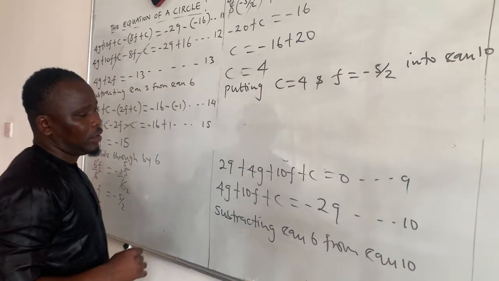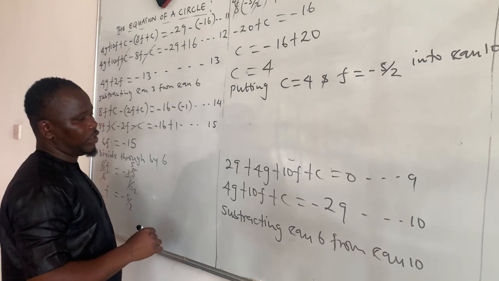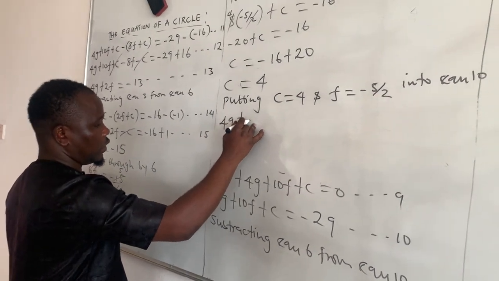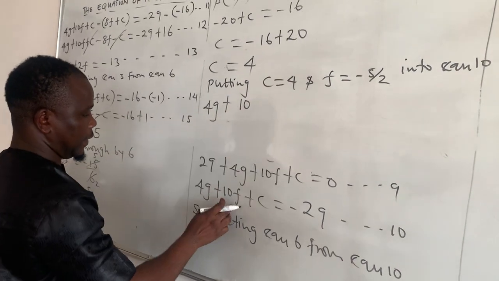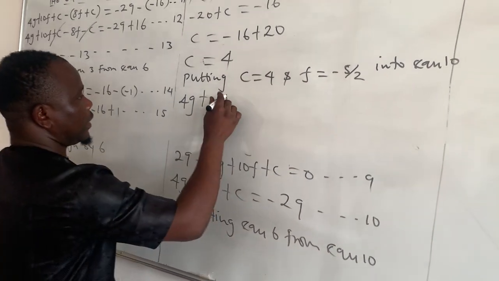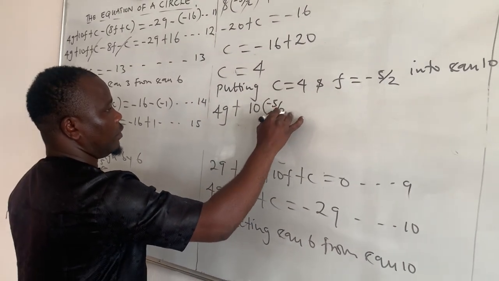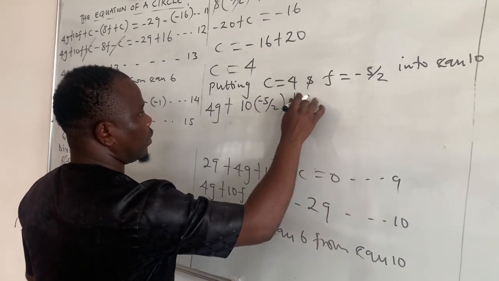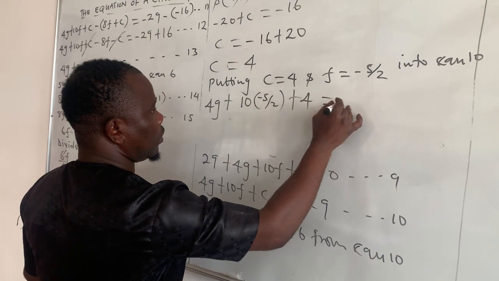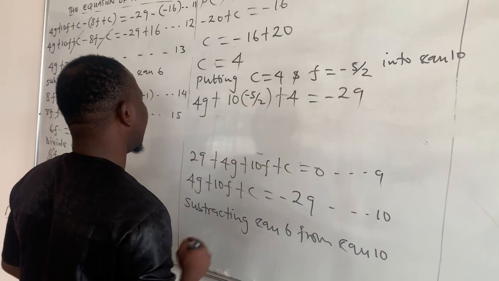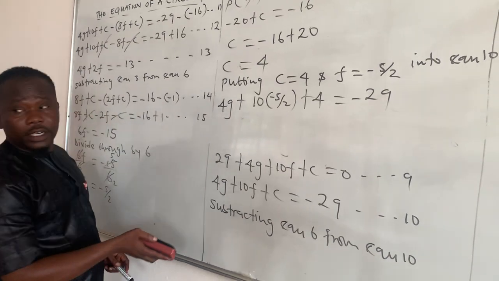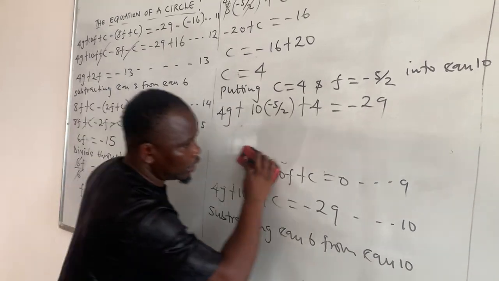So if you agree with me, we'll write 4g plus 10. Instead of f, we'll write minus 5 all over 2. Then instead of c, we write plus 4 equals to minus 29. Any question?